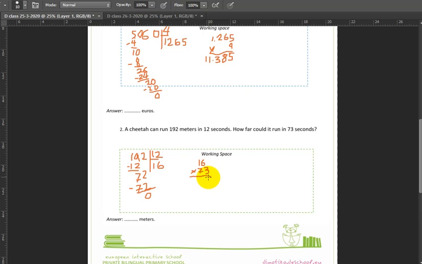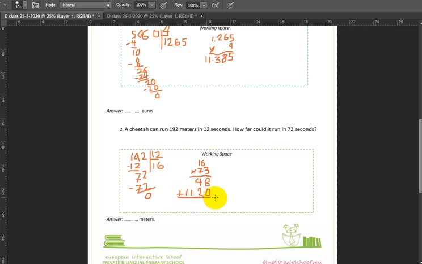3 by 6 makes 18. I write 8, carry 1 in my mind. 3 by 1 makes 3, plus 1 that I carried over makes 4. Write 0 beneath the ones. And then I say 7 by 6 makes 42. I write 2, carry 4 in my mind. 7 by 1 makes 7, plus 4 that I carried over makes 11.